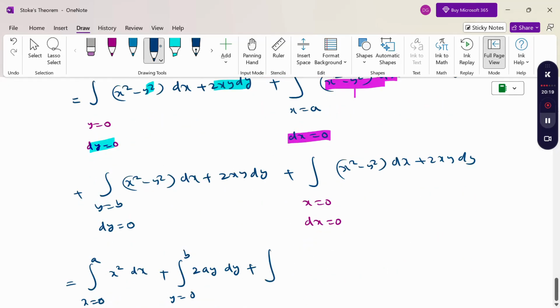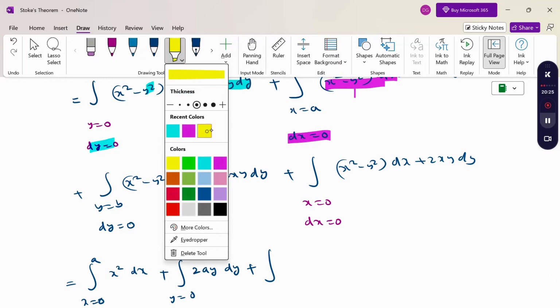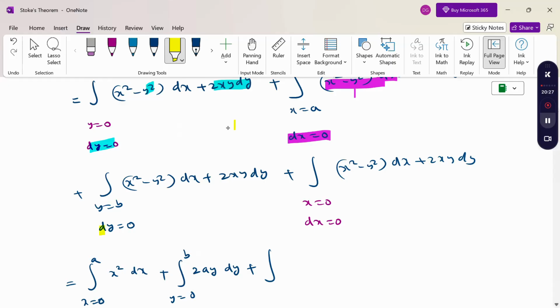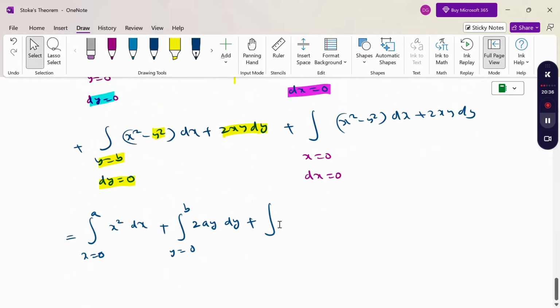Then plus the integral, the next substitution: dy is 0, so the whole term is 0. Here y equal to b is substituted. Now the integral of (x square minus b square) dx. Why am I writing the x range?